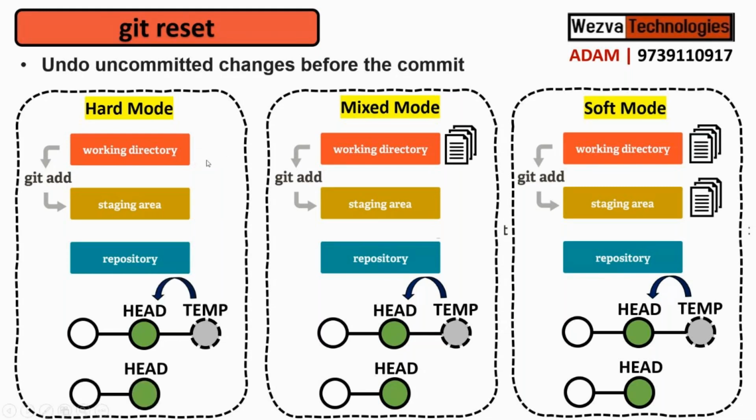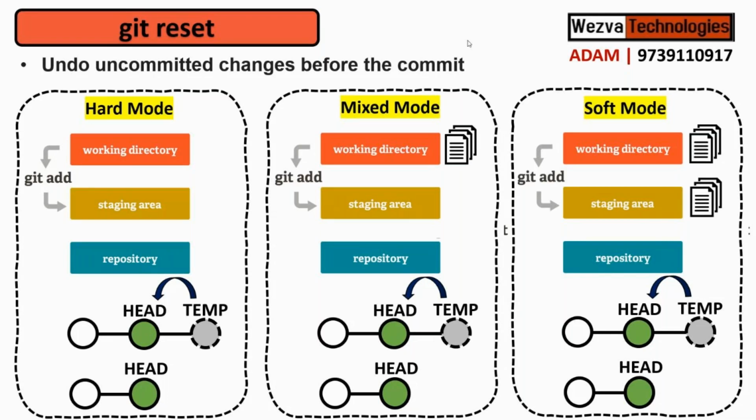Now, depending on your need, usually you will not be using soft mode. You will be using only mixed or hard mode. Sometimes you have added two files into the staging area and you want to remove one file. Then you are not removing the content from the file, you are only removing the content from the staging area.